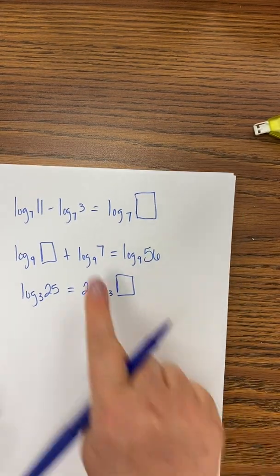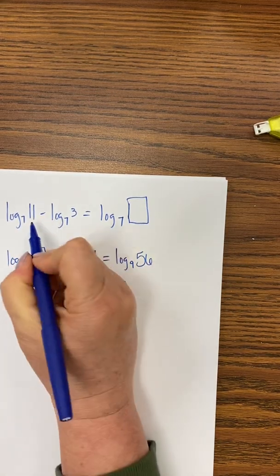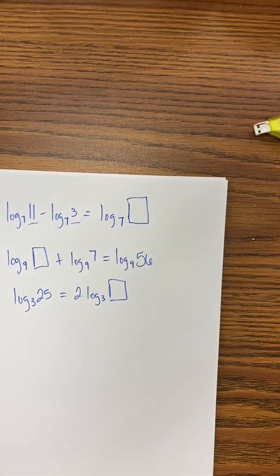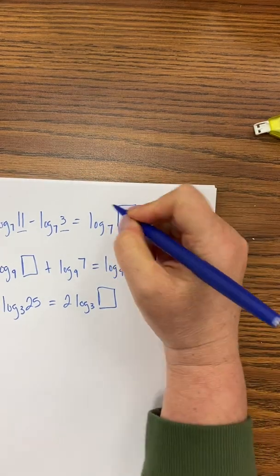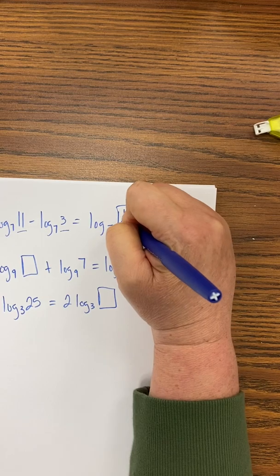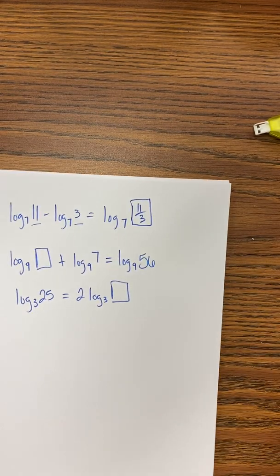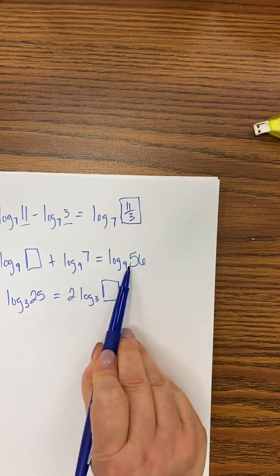Okay, so remember, if it's quotient, which is subtraction, this number and this number is what I divide. So my answer would be log base 7 of 11 thirds. So that's what you would put in that box. This one is the product rule.